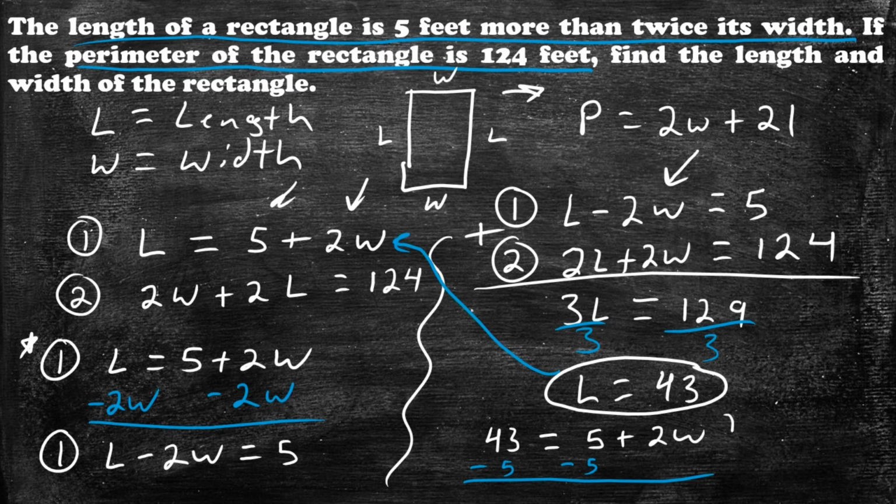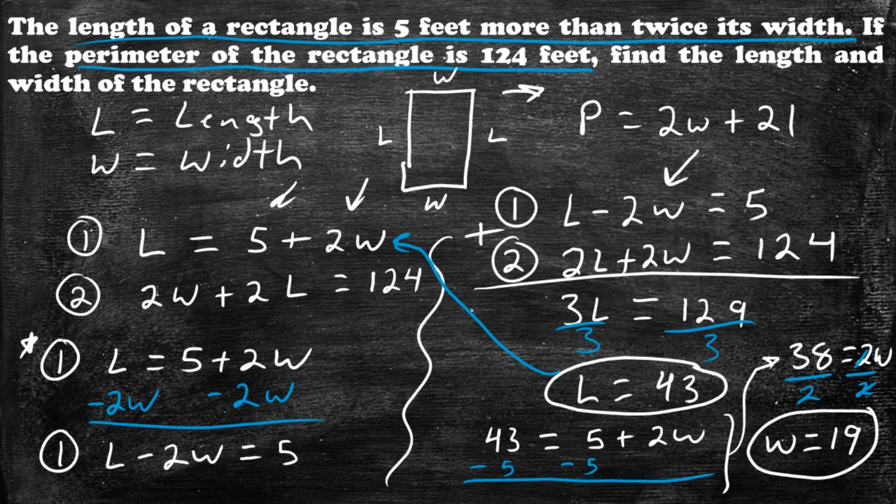So 38 is equal to 2w. Now to get w by itself, we divide by 2. These two cancel. Therefore, we get w is equal to 19. All right, so we found our length, we found our width. Therefore, this example is complete.